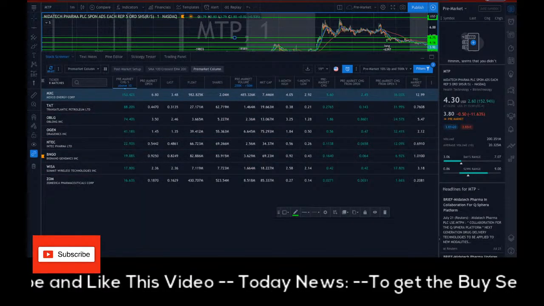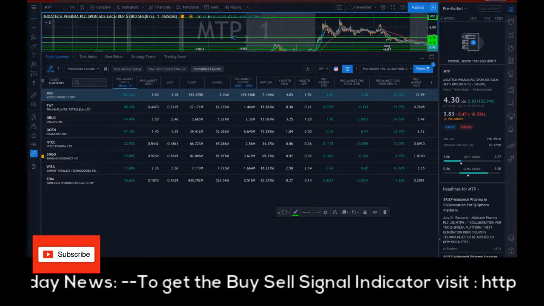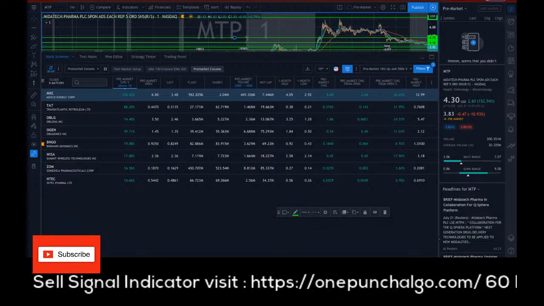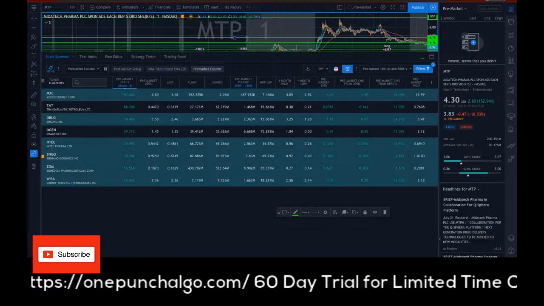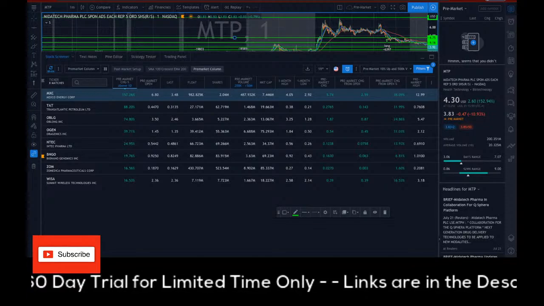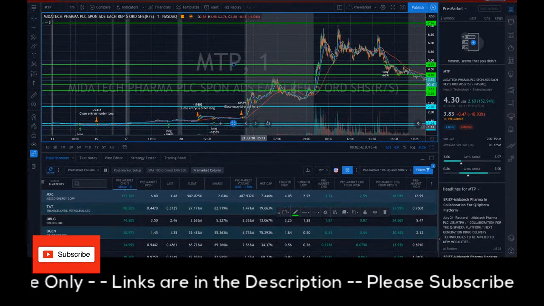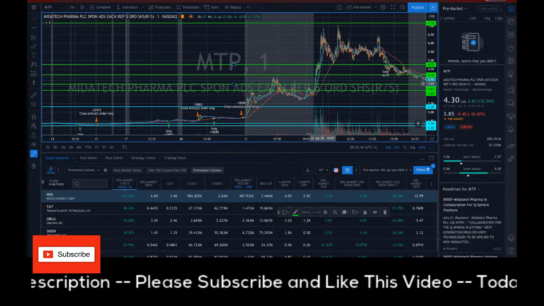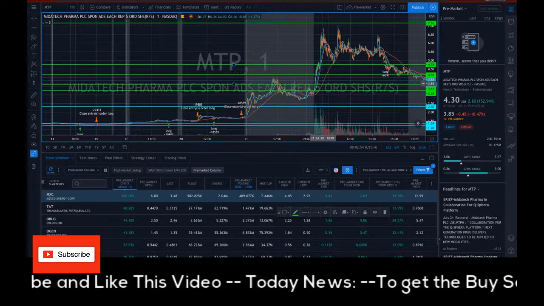If there is news that is positive and significantly impacting the stock, then we check the outstanding share volume and share float, and if those are positive, then we check the pre-market volume, and only then I put the resistance and support levels. Support levels I mark with yellow lines, blue lines like this, and the resistance levels I mark with a green line like this. And the last thing, we always use my OnePunch Algo software or the plugin.